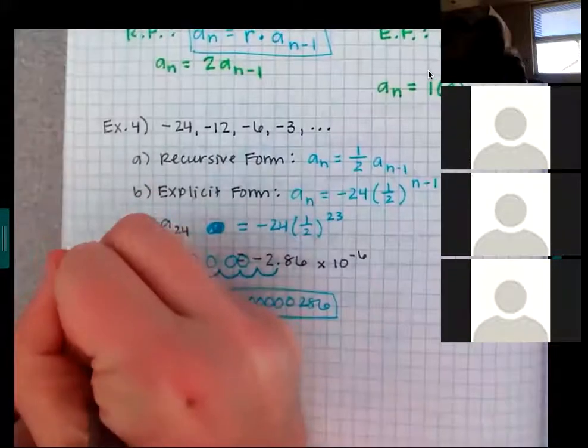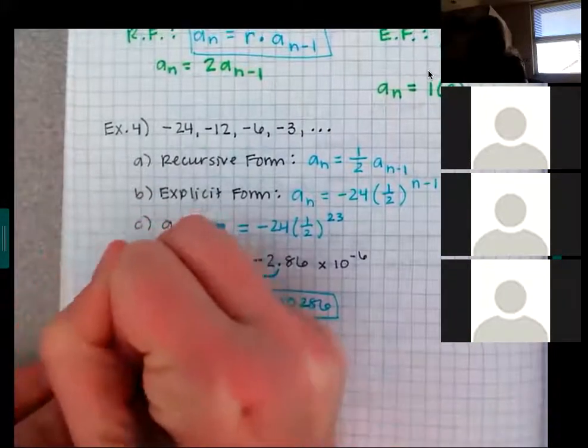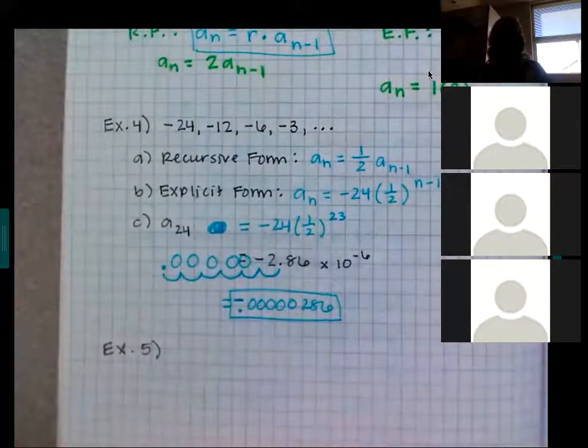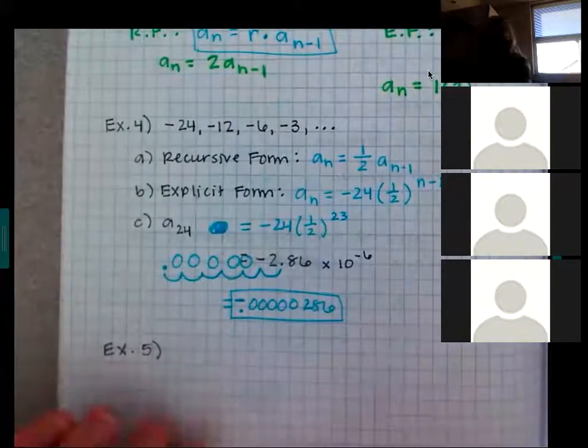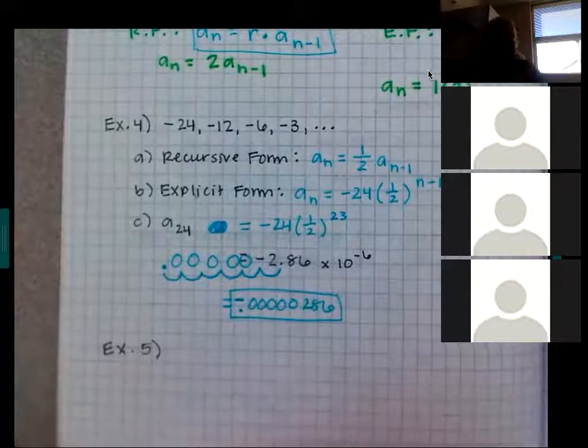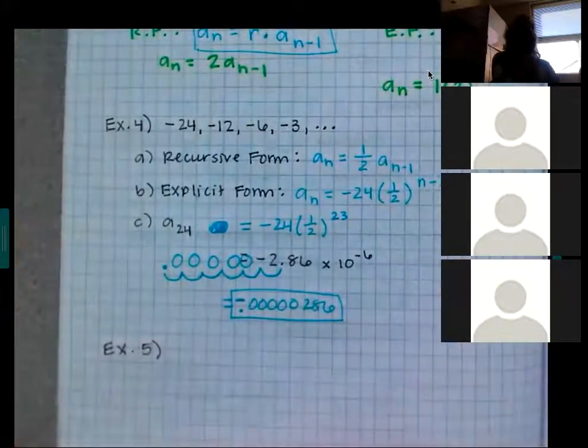All right, last one. I feel like y'all are pretty okay with geometric, right? So let's do one where we have to work backwards like we did with arithmetic. Oh my gosh, I cannot talk.